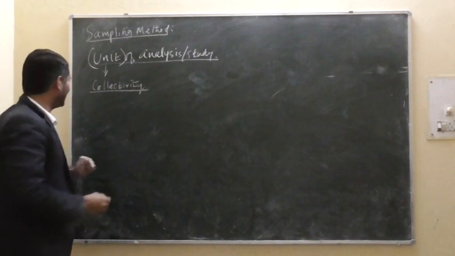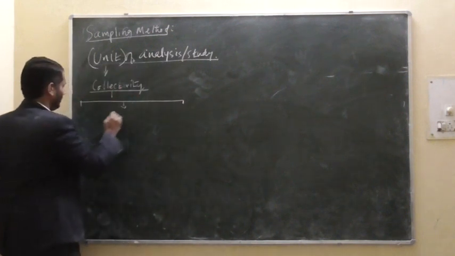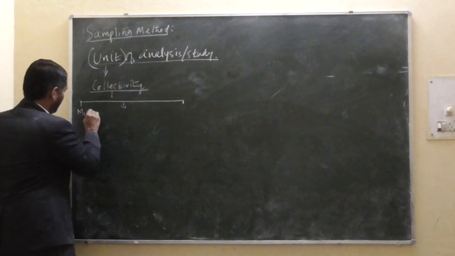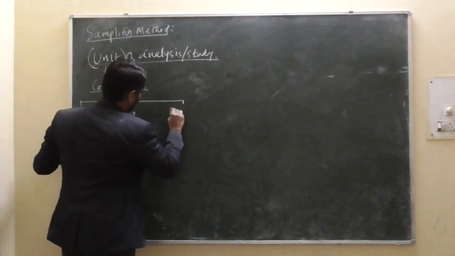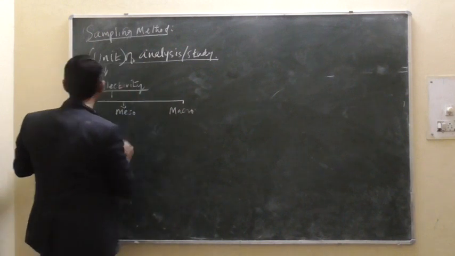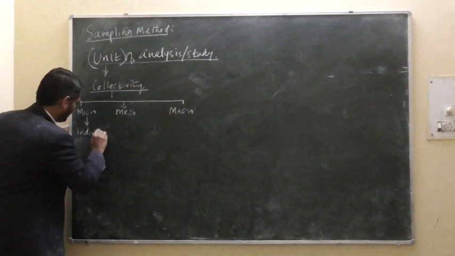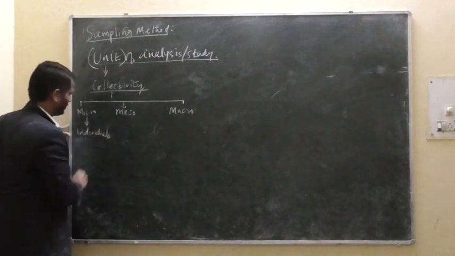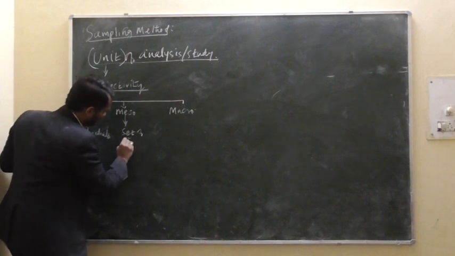The collectivity can be at the micro, meso, or macro level. The micro deals with individuals. The meso deals with different sets of groups, or multiple groups.